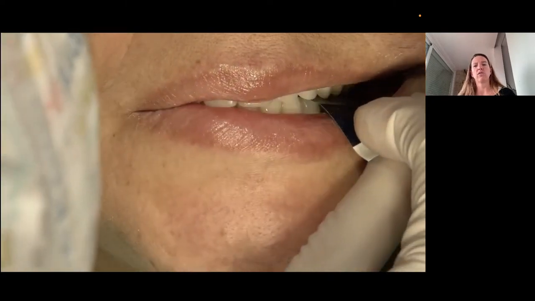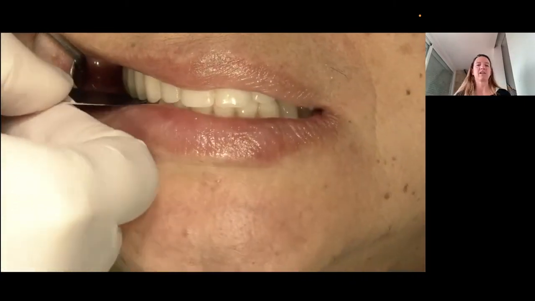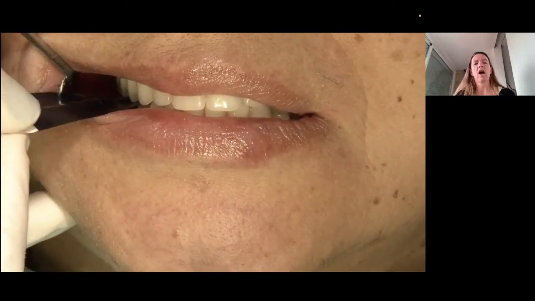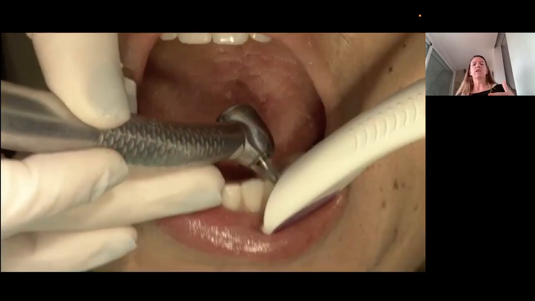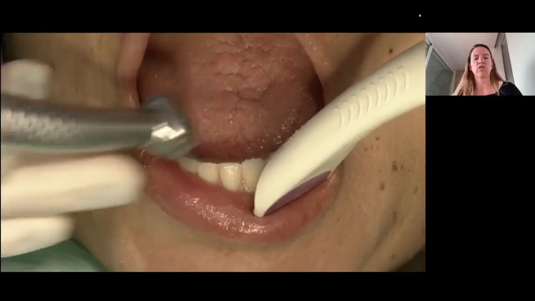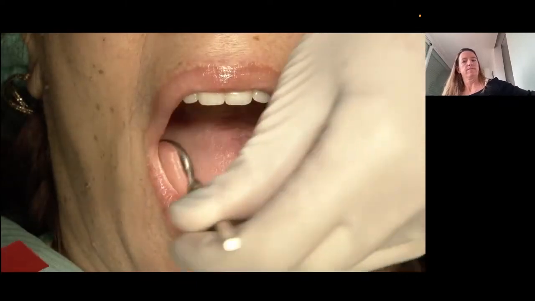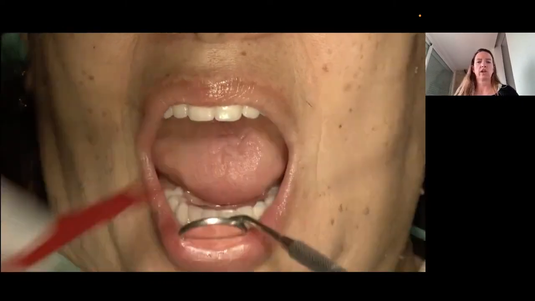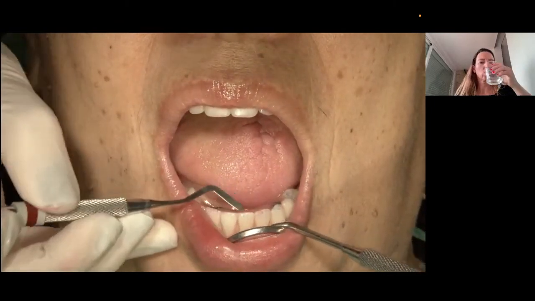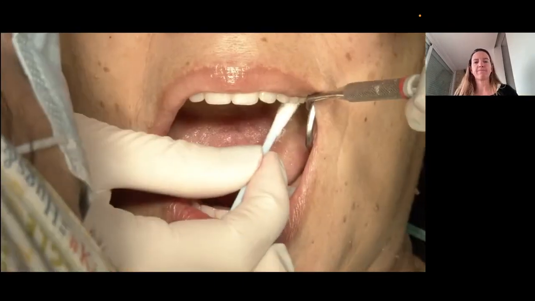So if we need to trim any contact, if the patient is biting on both sides the same way, how is the occlusion, how are the anterior guides, how are the lateral guides, how everything is, okay? So we have to check all of this. Good.